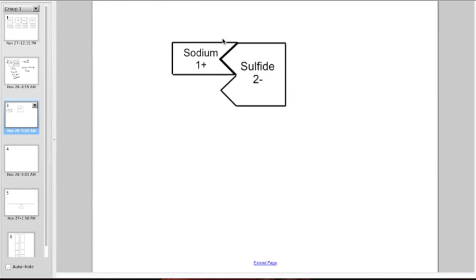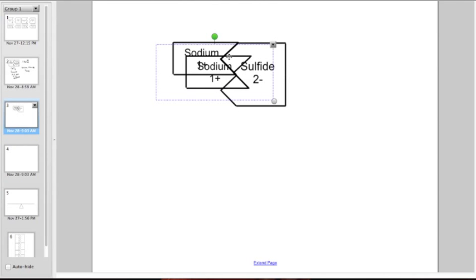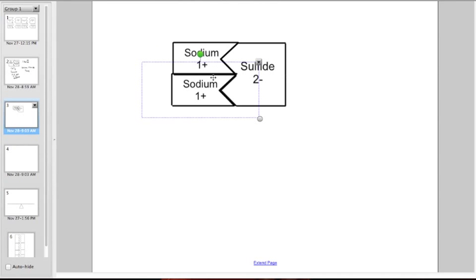Well, I figure that this sodium can fit nicely right there, but that's not complete, so I need another one. I have sodium and sulfide. So if I was to follow Mr. Taylor's example, I have 2 sodiums, and 1 sulfur, so that's the formula.